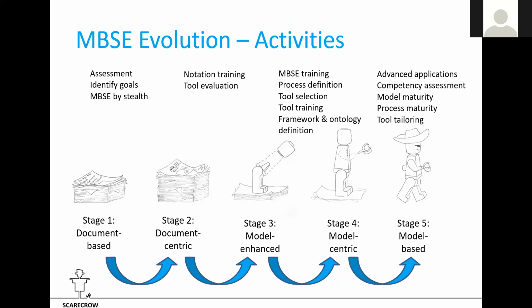And then the final step, the ultimate goal if you're going to go the whole journey, is fully model based. This is where you're looking at things like introducing maturity metrics for your models, so you can see how your models are evolving through time. The maturity metrics and continuous improvement for your processes.